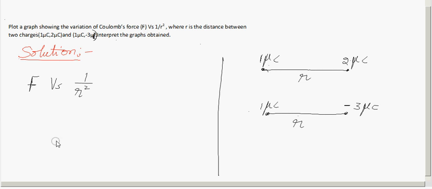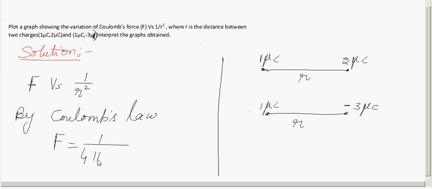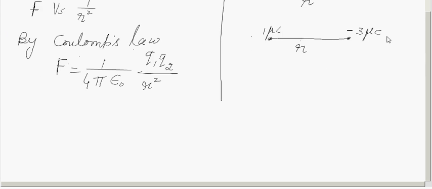By Coulomb's law, the magnitude of the force is 1 by 4 pi epsilon naught into Q1 Q2 divided by r square. Now for a given pair Q1 Q2, 1 by 4 pi epsilon naught is anyway a constant.